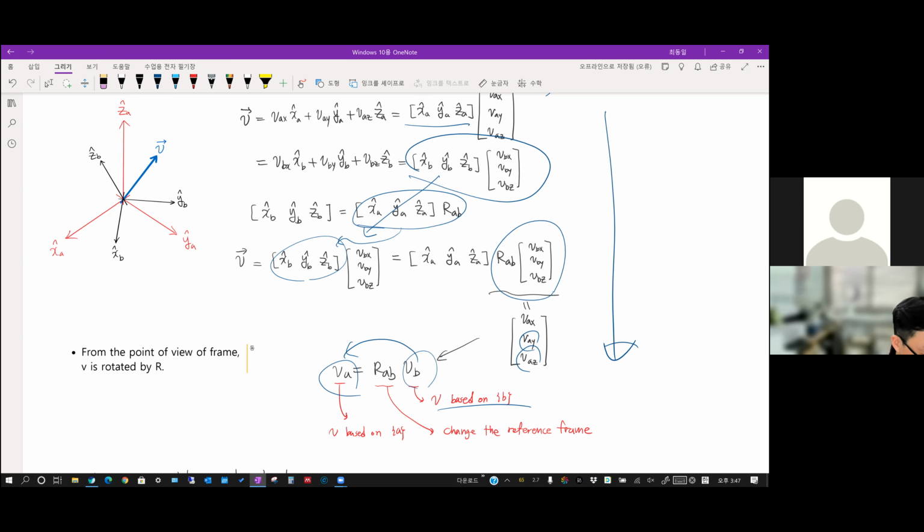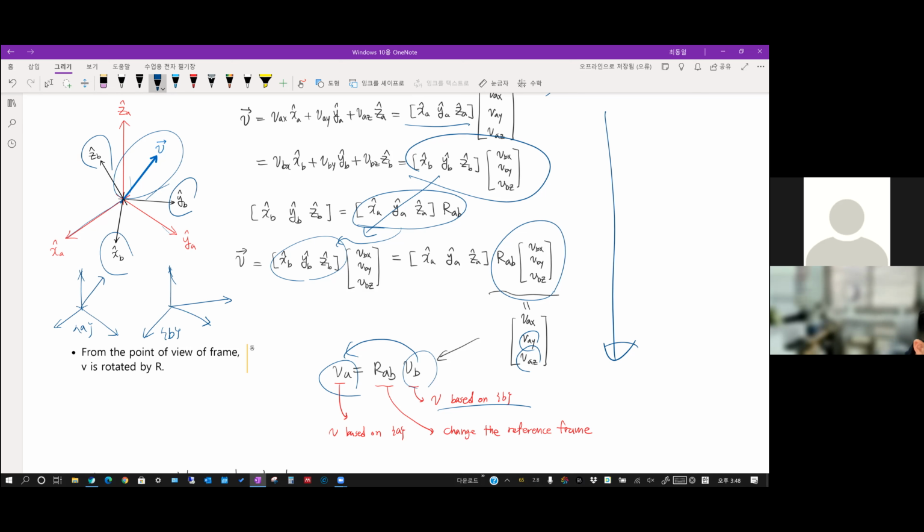And let's think about the rotation of the vector. V was here in A frame, but if we think based on the B frame, we can think like this. B frame, and the vector will be like this, and the V vector in A frame becomes like this.